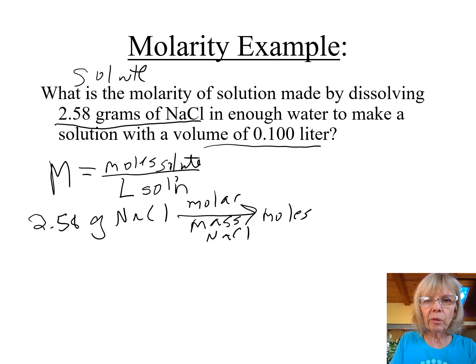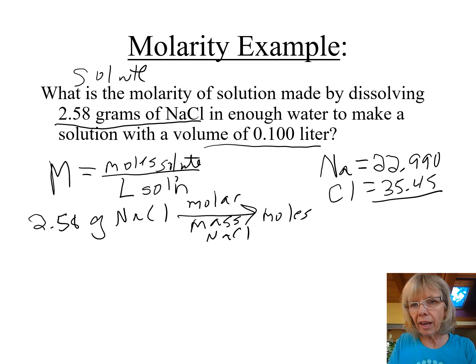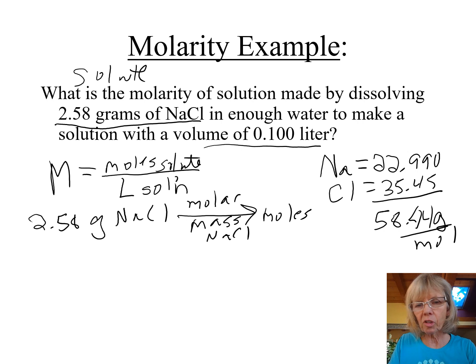So just as a little review, you would say sodium, using your periodic table, weighs 22.990 grams per mole. Chlorine is equal to 35.45 grams per mole. When we add those together, we get 58.44 grams per mole for sodium chloride.